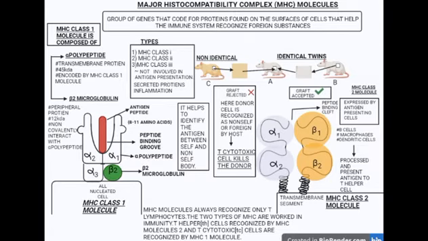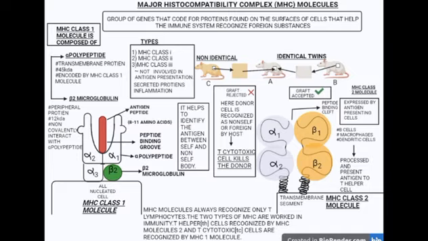So, I will use very simple words to tell you the function of MHC molecules, that is recognition and identification. If we are saying recognition and identification, then again a question arises: recognition of what? So, it simply means recognition of antigen, means to identify between self and non-self antigen.